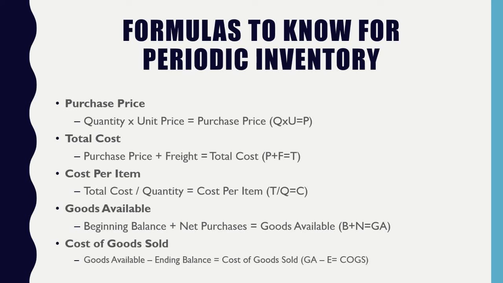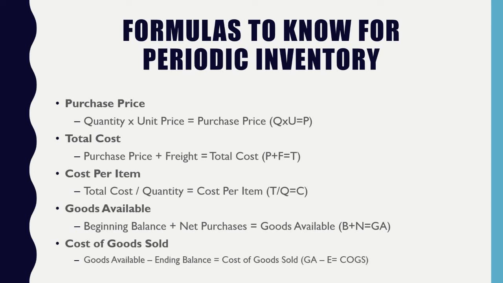The formulas here are identical. The purchase price is quantity times unit price. Total cost is your purchase price plus your freight. Cost per item is the total cost divided by the quantity.